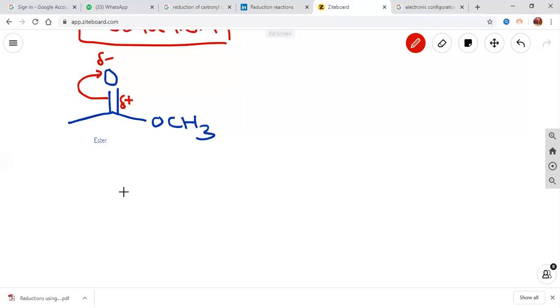See, we have lithium aluminum hydride, we have aluminum hydride in the solution.